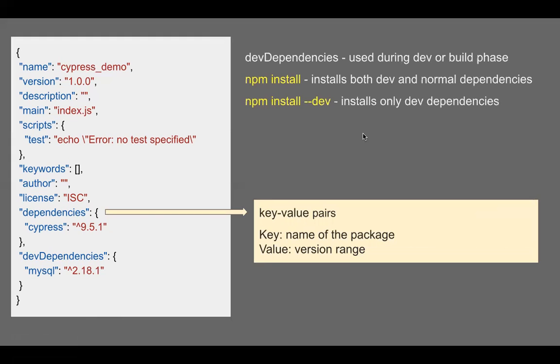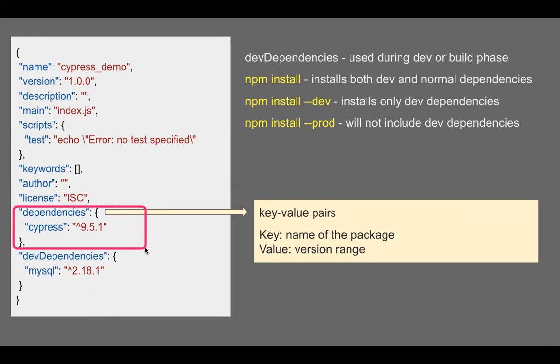When you say npm install --dev, it will install only the dependencies mentioned under the dev dependencies section. If you say npm install --prod, it will not include the dev dependencies and will only install the dependencies added under the dependencies section.